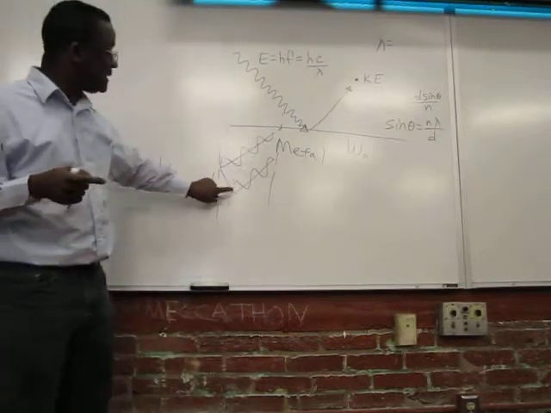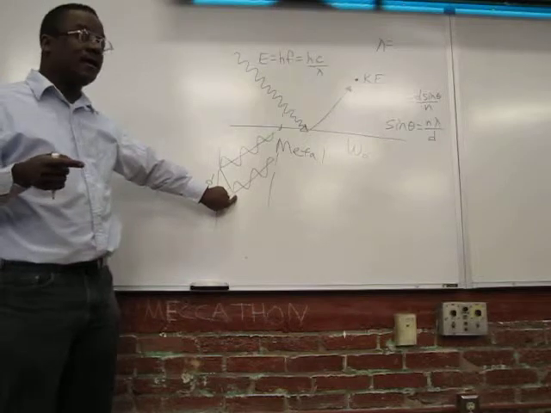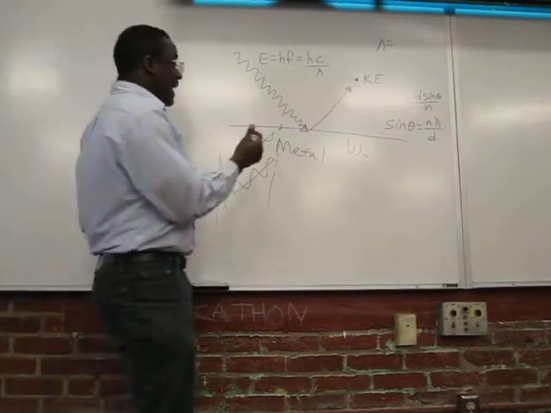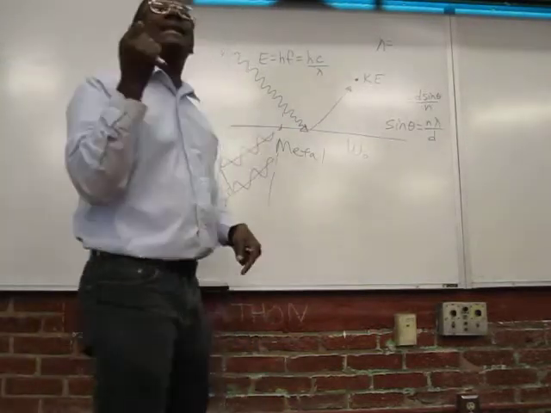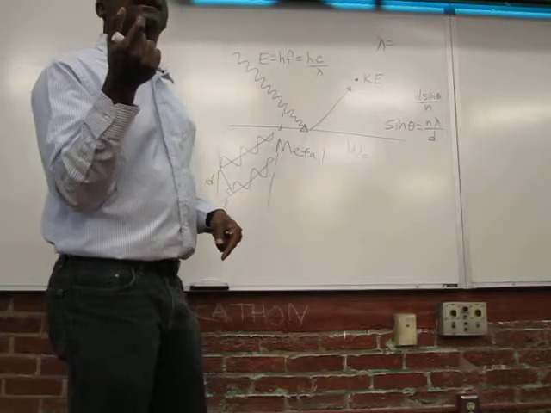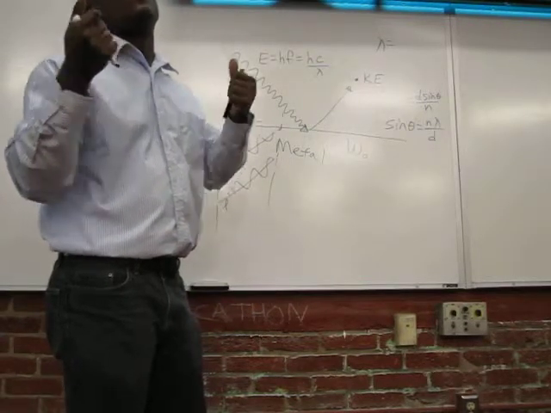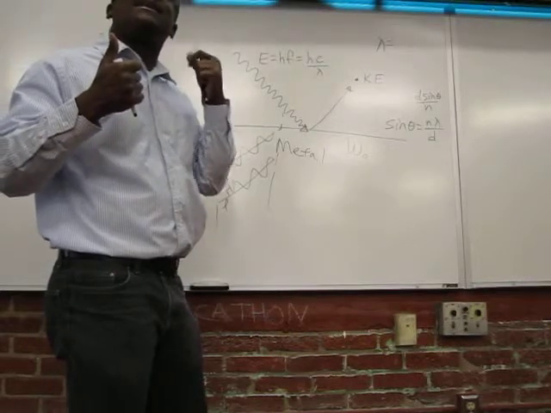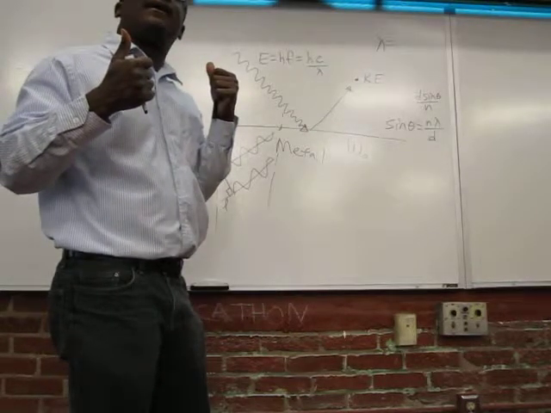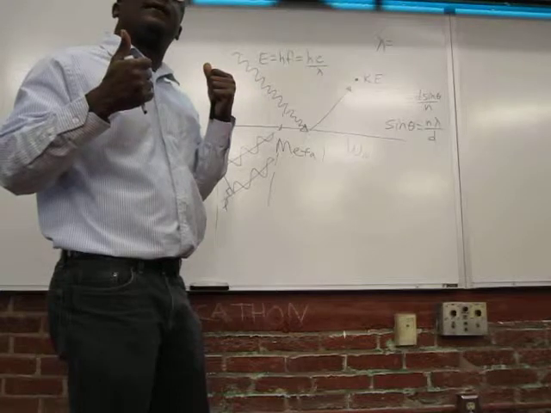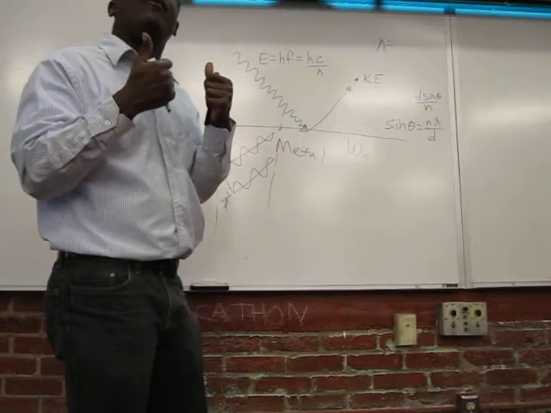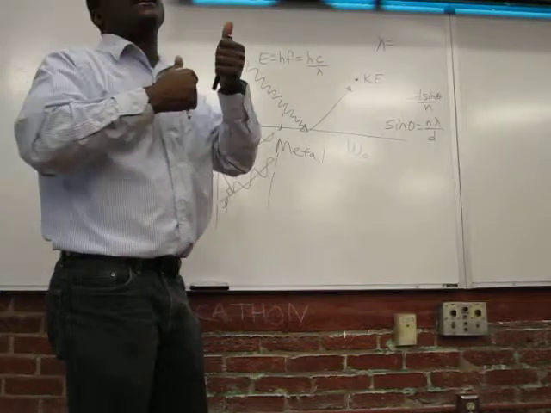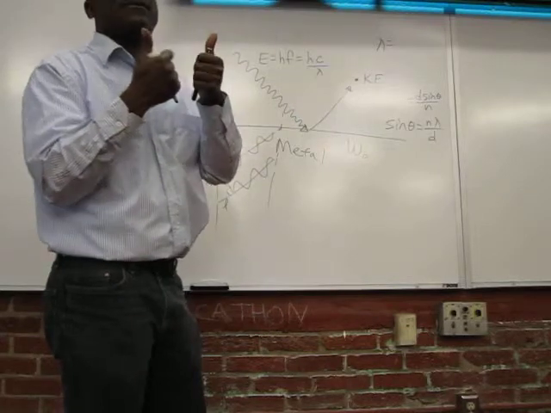It depends on this distance L. If L is an integral number of wavelengths, you're going to have constructive interference. If L is a multiple of half wavelengths, you're going to get destructive interference.